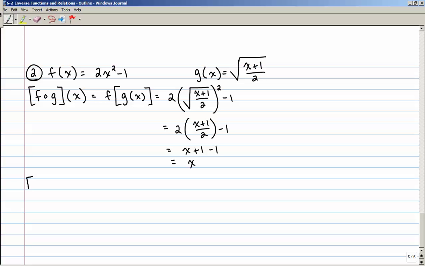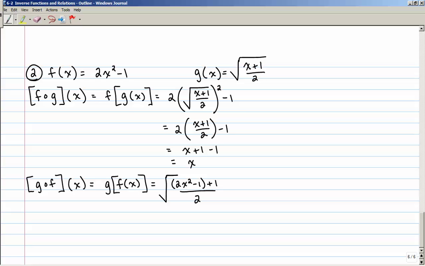Now let's see if g of f of x is also equal to x, because both of those have to be true. So I'm going to take g, and I'm going to put f into it. Oh, that looks a little messy too. That's okay. The square root of (x plus 1) over 2, and my x is going to be 2x squared minus 1.